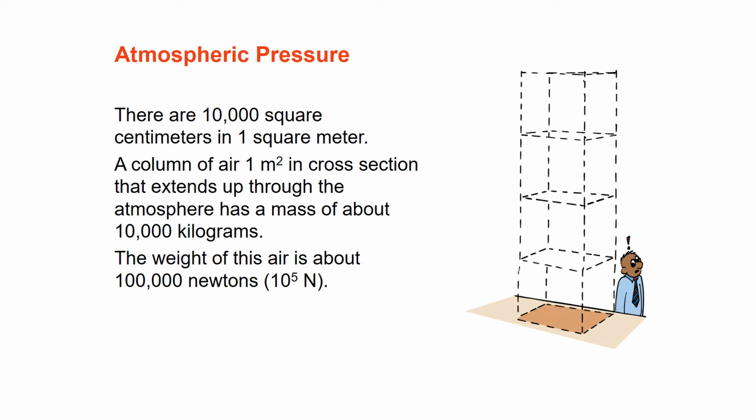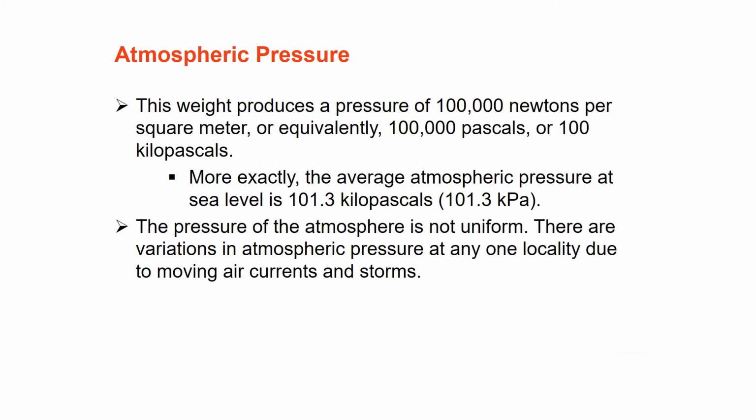This 10,000 kilograms weighs about 100,000 Newtons, 10 to the power 5 Newtons. So the weight produces a pressure of 100,000 Newtons per square meter, or equivalently 100,000 Pascals, or 100 kilopascals.